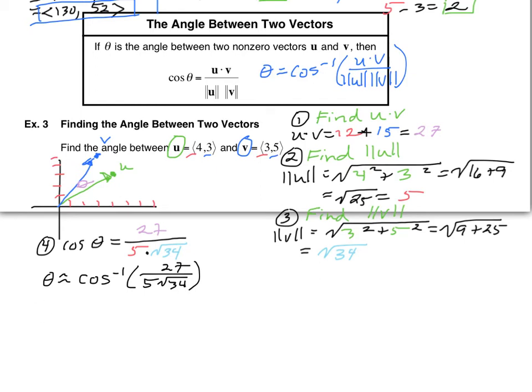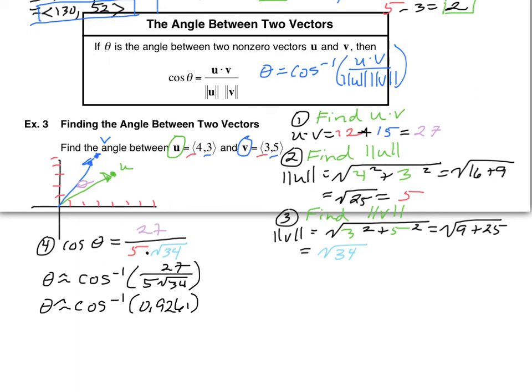So if you're doing it correctly, you'll get the following decimal for that ratio. You get approximately, and of course I don't want the approximated decimal, I'm going to use the whole decimal in my calculator. But that's what the 27 divided by 5 root 34 should look like, 0.9261.